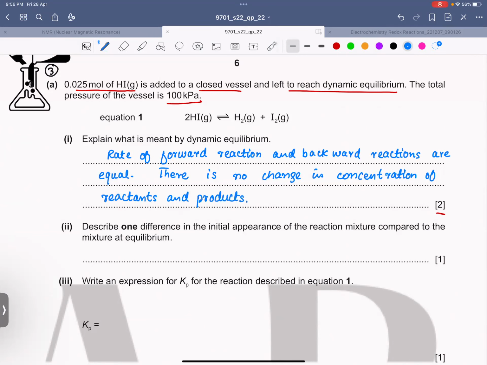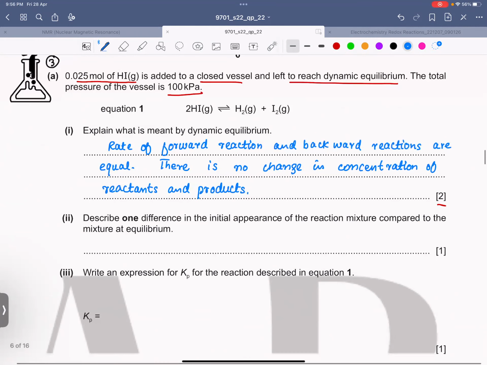So for 2 marks, you have to write the 2 features of dynamic equilibrium. Is this clear? Yes.